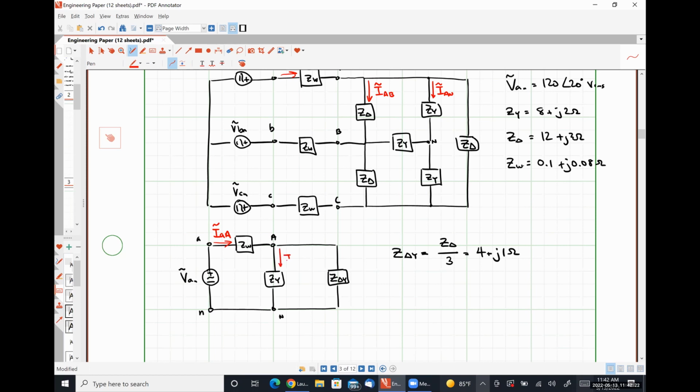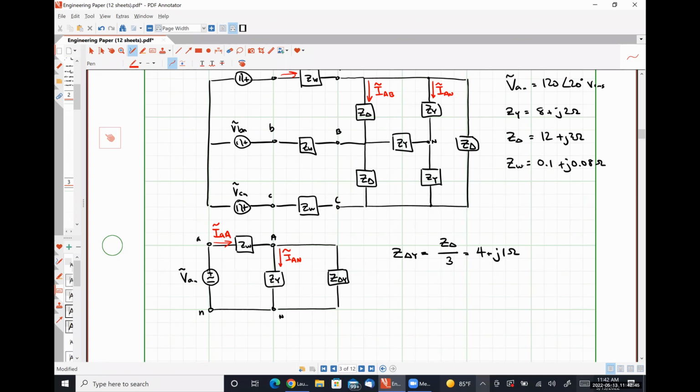Our phase current IAN is definitely going to be here. But our phase current IAB is not, because there's no connection to our B terminal here, okay?